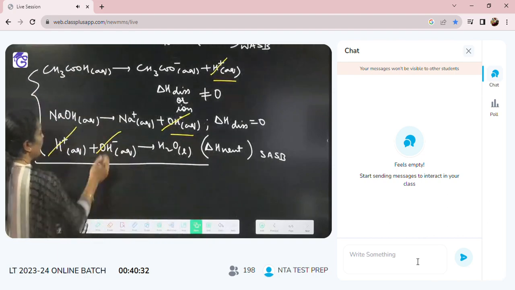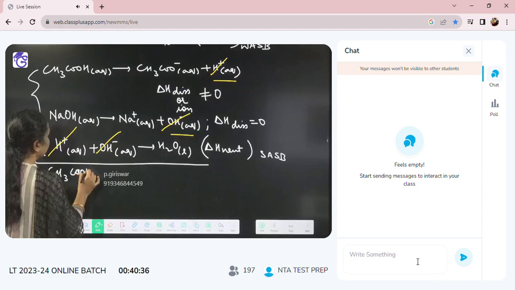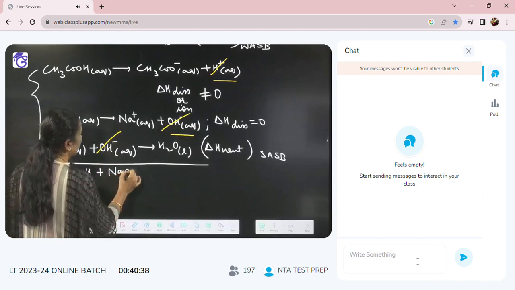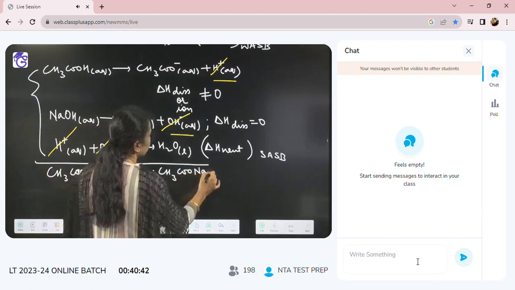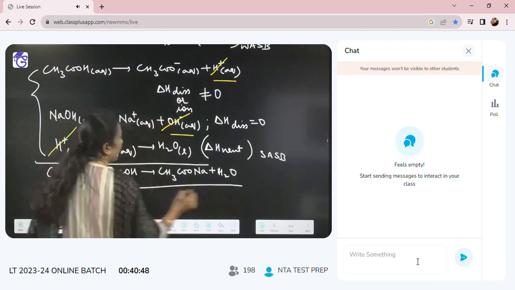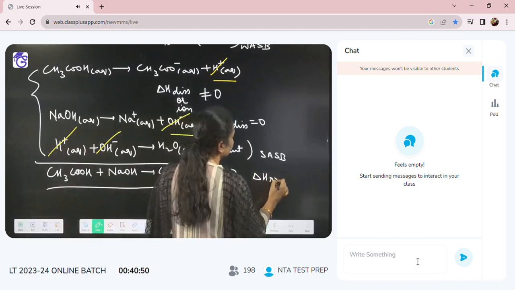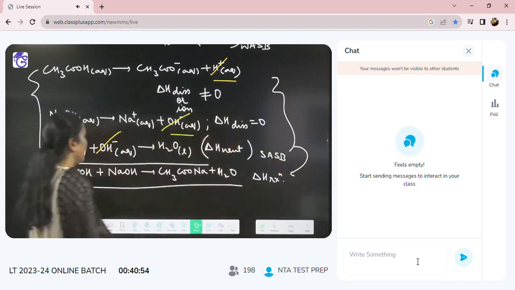So ultimately, am I getting the required equation, which is CH3COOH plus NaOH giving you CH3COONa plus H2O, right? And delta H for this reaction will be obtained from the summation of all these three, right?